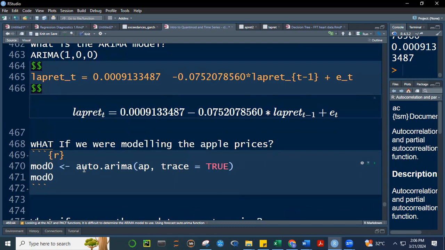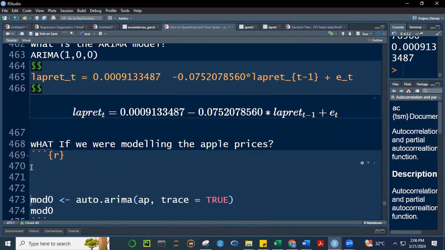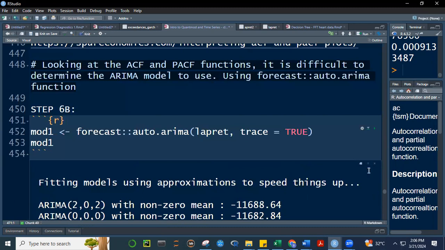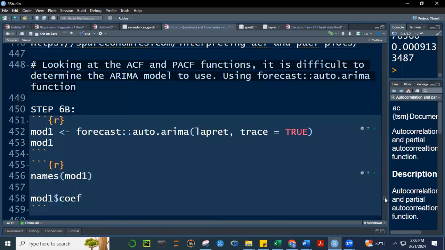Okay, so we created this. Mod 0 is, again, auto.arima. Pero bago tayo mag-auto.arima, tingnan natin class. Let's see if it will be easy for us to guess. Mag-ACF, PACF test tayo.